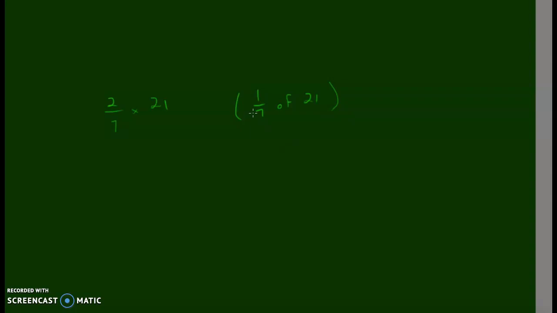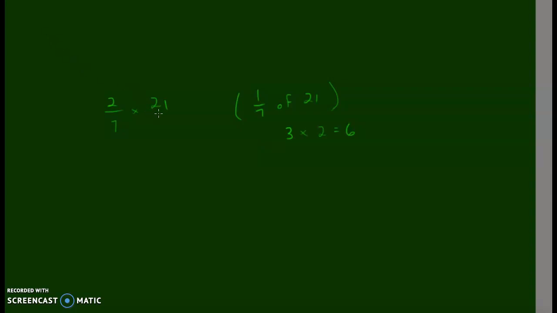And when we're finding the unit fraction of a number, we take the whole number divided by the denominator. So 1/7 of 21 is 3. Once we find that, we can multiply it by the numerator, which is 2. So 3 times 2 is 6. So 2/7 of 21 is 6.